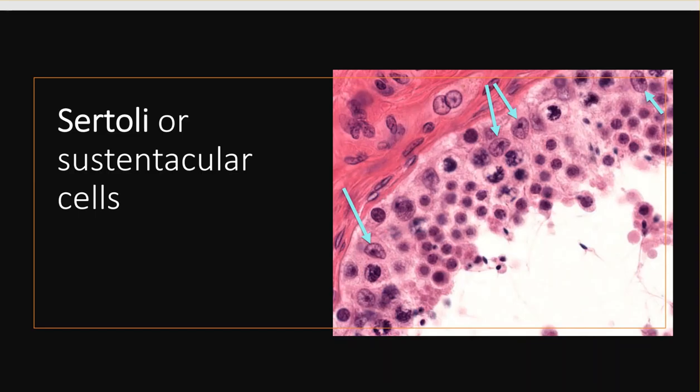So here is a much more zoomed in picture of sustentacular cells. And again, the green arrows are pointing at these little cells with an avocado pit on the inside. This cell right there, that's the nucleus of a Sertoli cell, and its cytoplasm would go all the way up like this. Does that make sense? Okay.